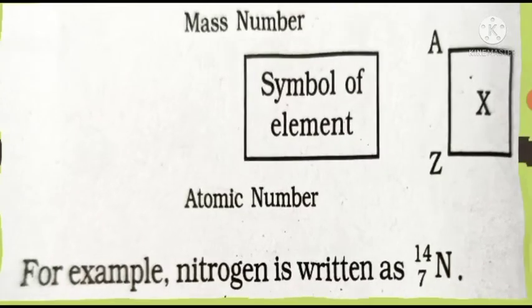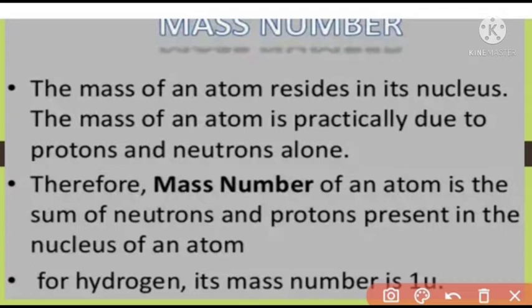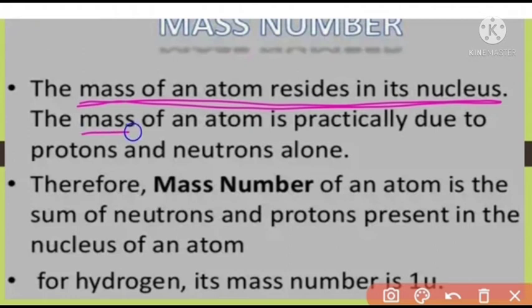Next we are discussing atomic mass or mass number. Mass number means the sum of the number of protons and the number of neutrons in an atom. The mass of an atom resides in its nucleus. Every atom contains a nucleus having two kinds of nucleons, which give the mass of the atom. The mass of an atom is practically due to the protons and neutrons alone.